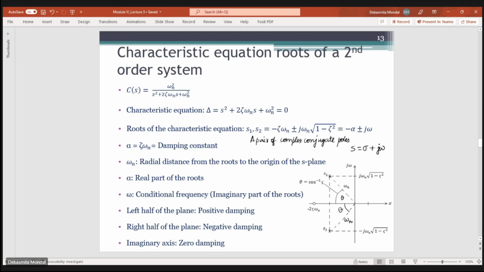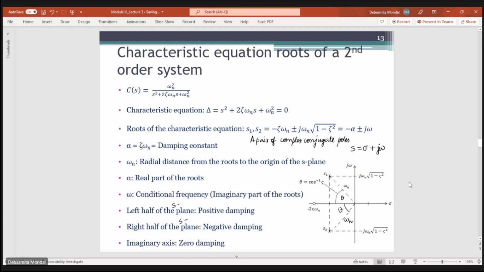Now, why do we need to see the position of the poles in the S-plane? How does it matter to us? The significance comes from the point that if the poles of your system lie on the left hand side of the S-plane, there is positive damping in your system. If your poles lie on the right hand side of the S-plane, that signifies negative damping.